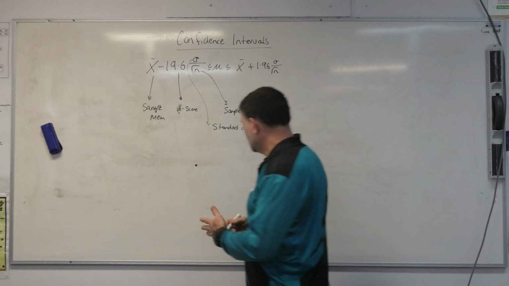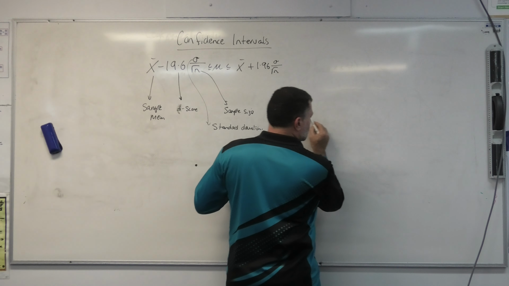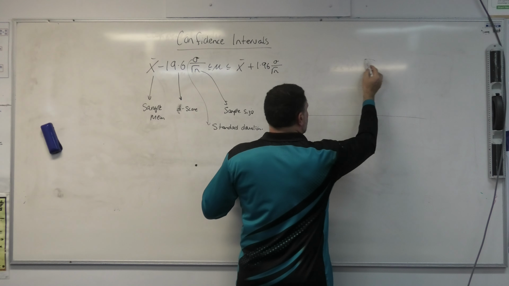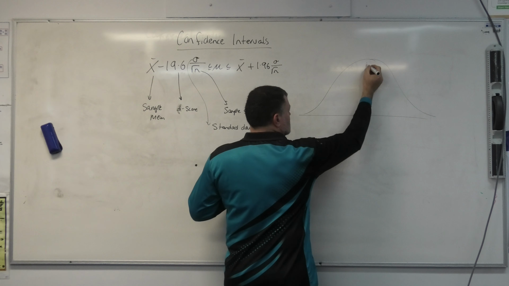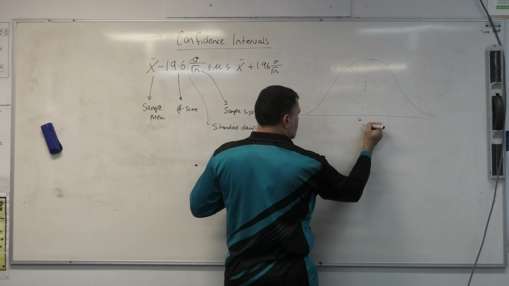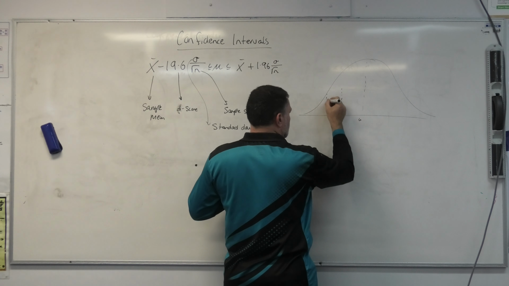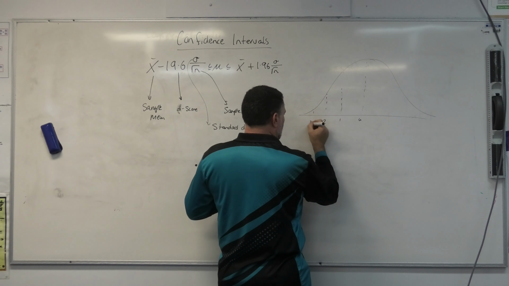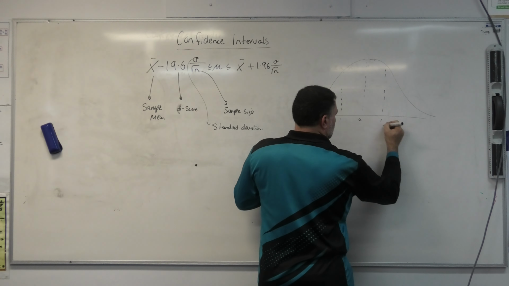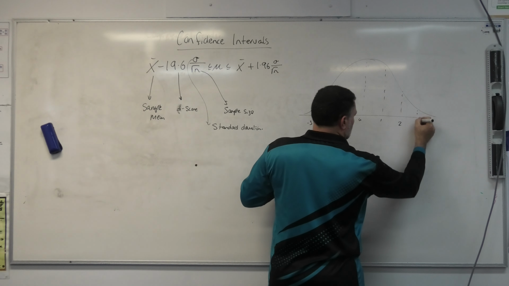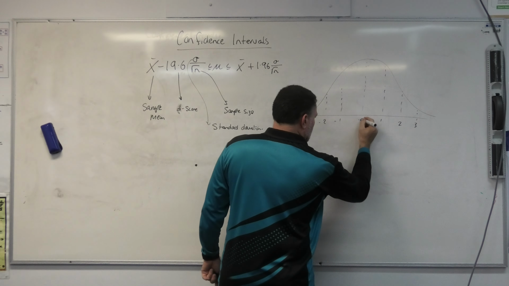So for instance, if we were looking at this in terms of a graph on the normal distribution curve, what we will notice here is our mean, remembering that we've got 1, 2, and 3 in terms of z-scores, and 1, 2, and 3 in z-scores in the opposite direction.